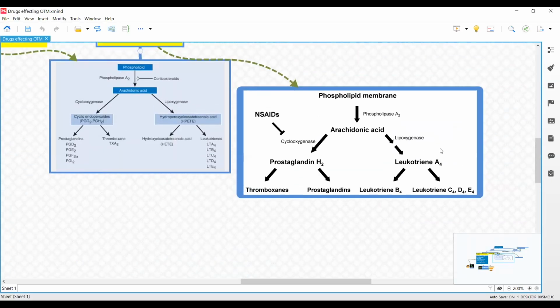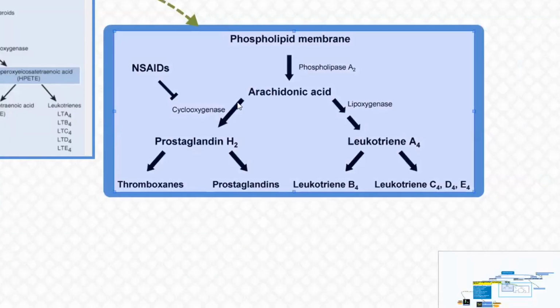Arachidonic acid is released from the cell membrane, and in the cell membrane you have phospholipids. There is an enzyme called phospholipase A2, a very important enzyme because it releases arachidonic acid from the phospholipids of the cell membrane.